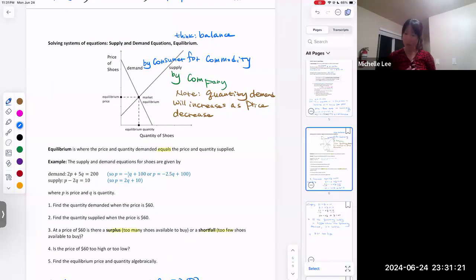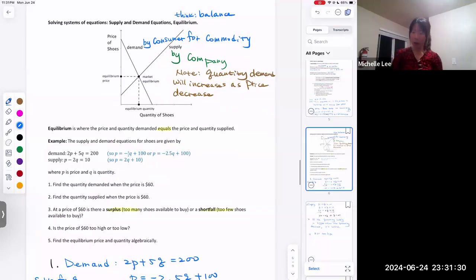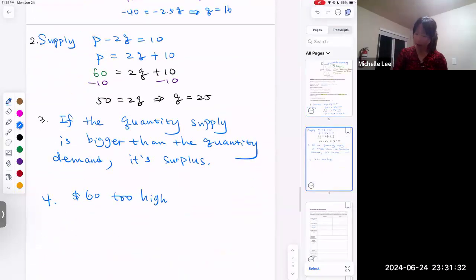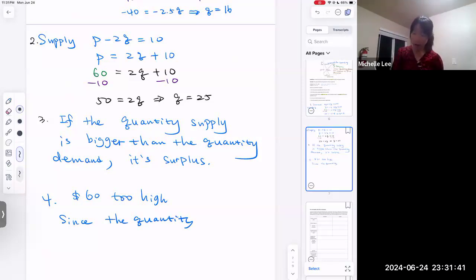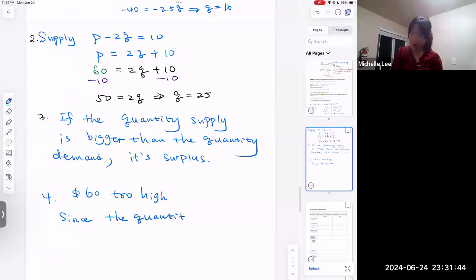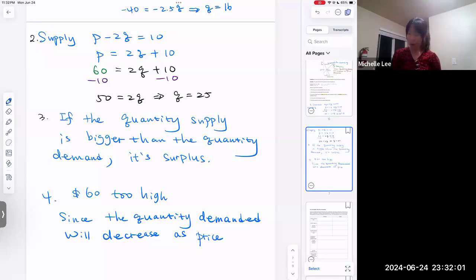So quantity demanded will increase as the price decreases. And in other words, quantity demanded will decrease as price increases.